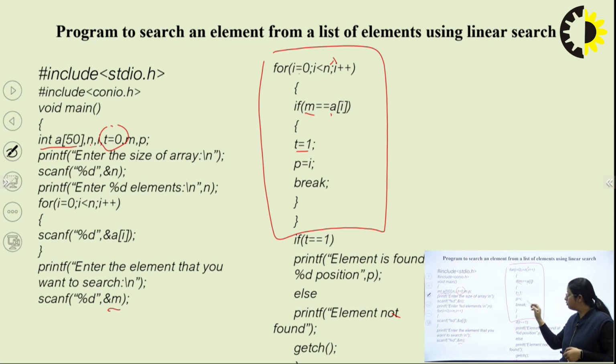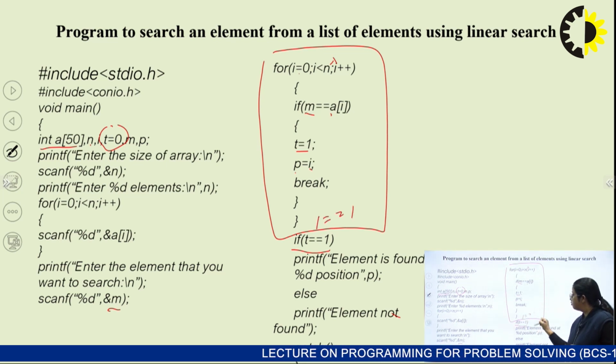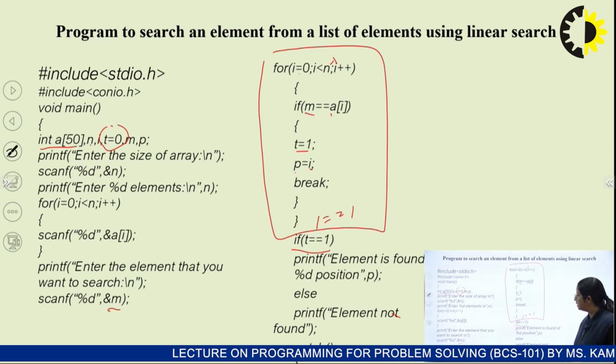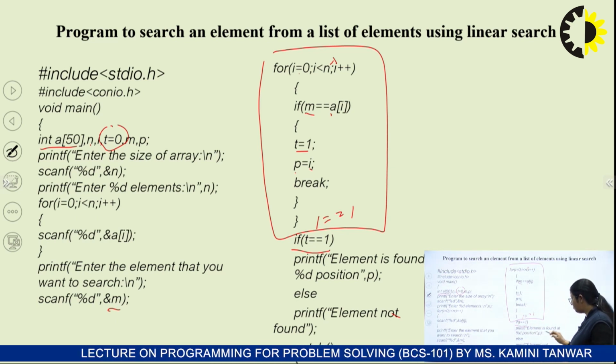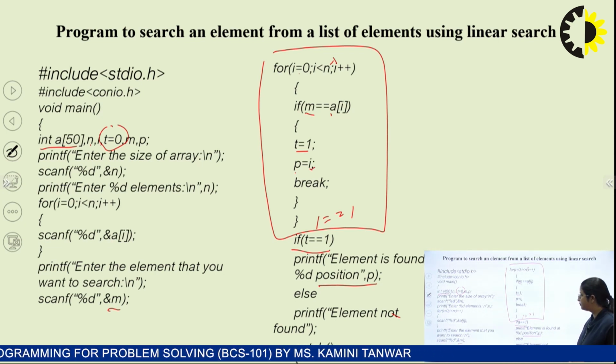After that, what are p and i? i is basically used for printing the location. When the break is used, it comes out of the loop, and here, if t equals 1, then our element is found at position p, the position where we found the element.